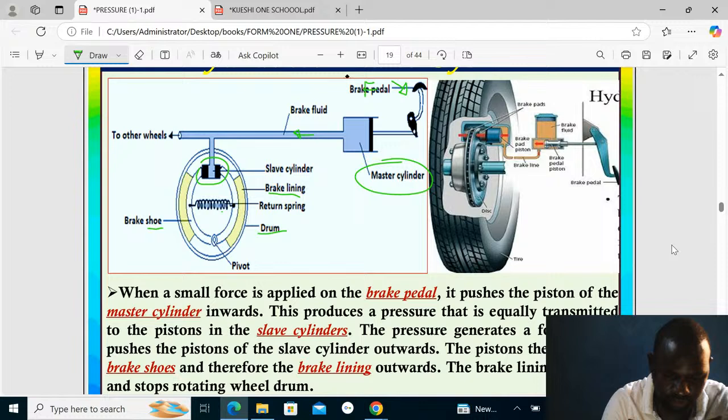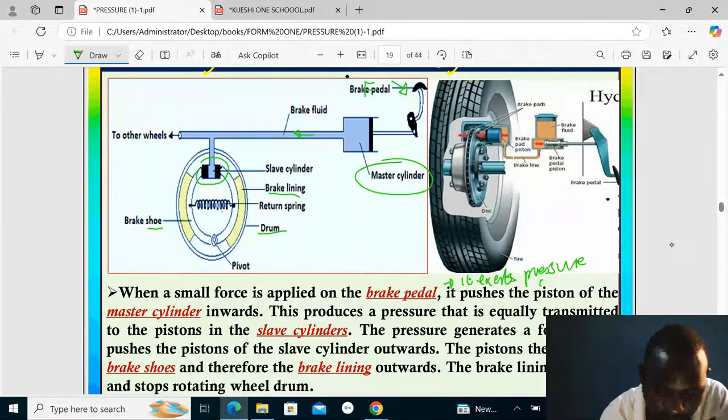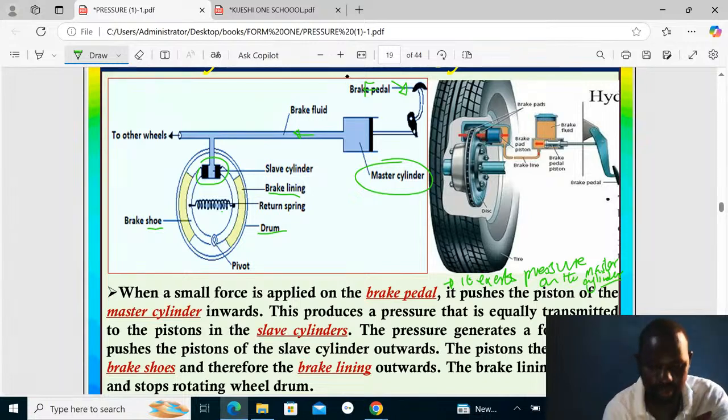So if you want to avoid this, you can say when a small force is applied on the brake pedal, it exerts pressure on the master cylinder.